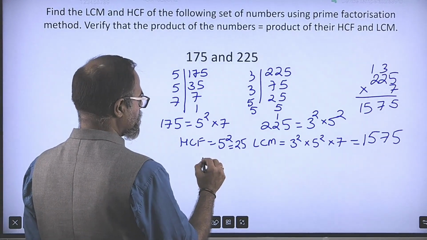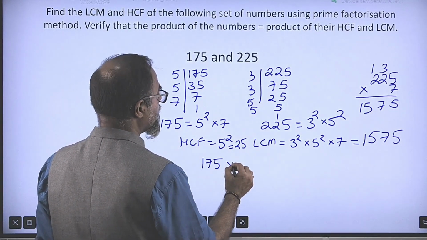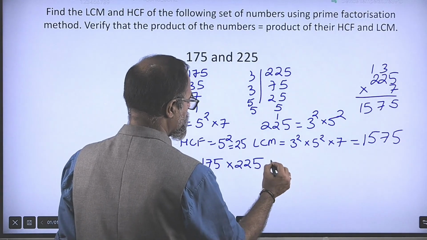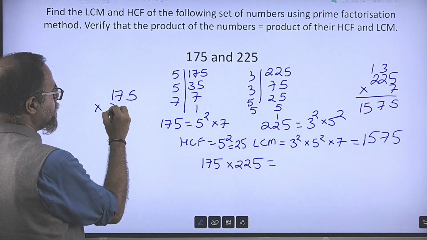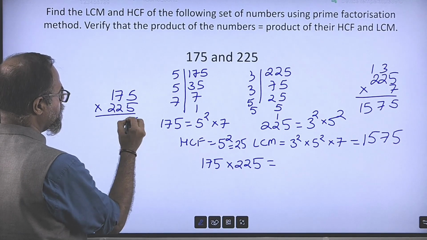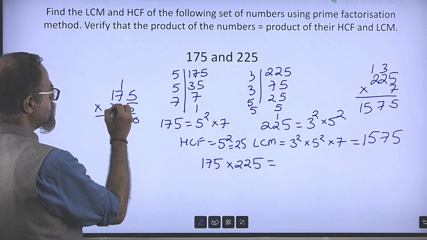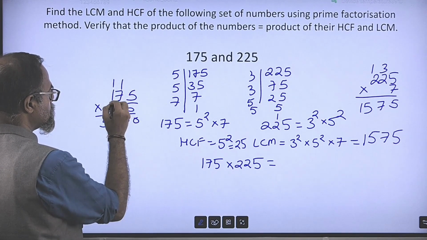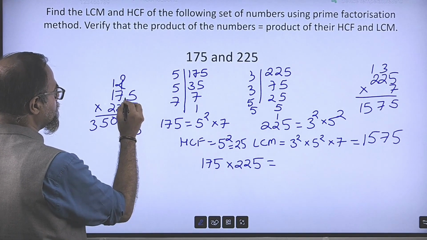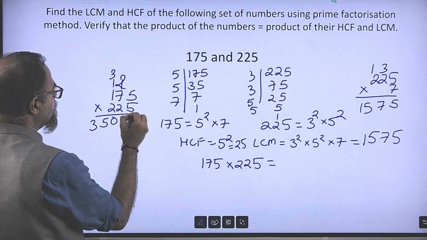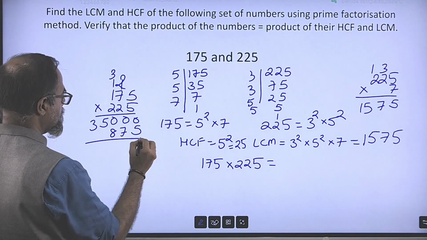Now the product of the two numbers, 175 multiplied by 225. 2 5s are 10, 2 7s are 14, 15, 2 1s are 2, 3. 5 5s are 25, 5 7s are 35, 37, 5 1s are 5, 6, 7, 8.